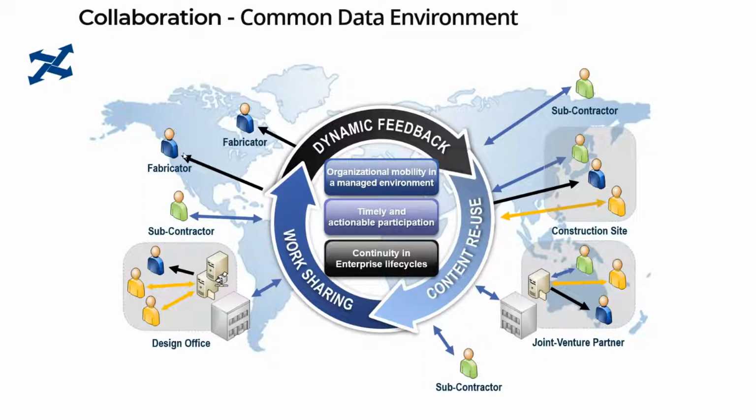The fabricator is in a different region. Then you have the construction site in another region. So that's what I intend to explain here. It's the availability of the data that you can access wherever you are. That will require a common data environment kind of solution.